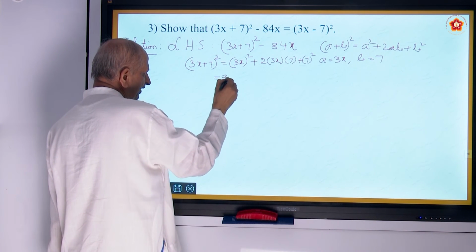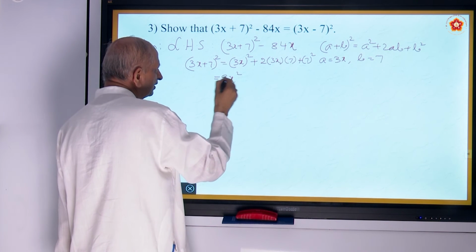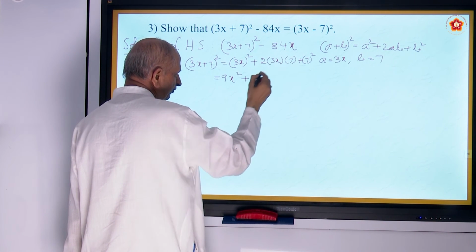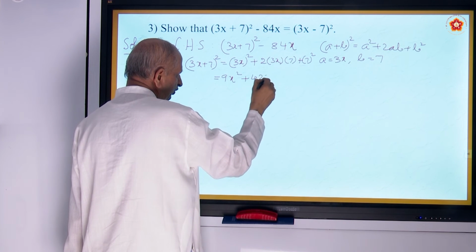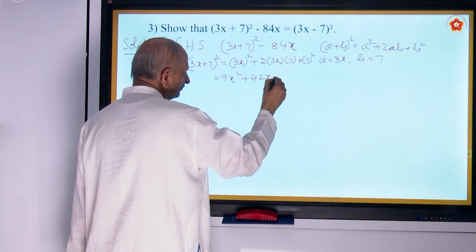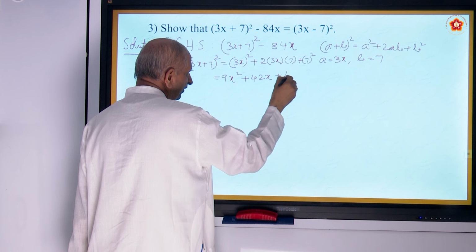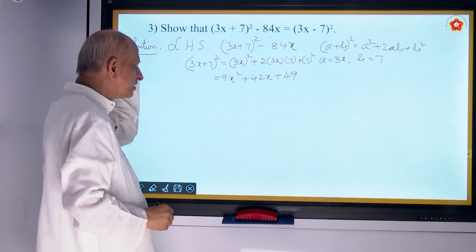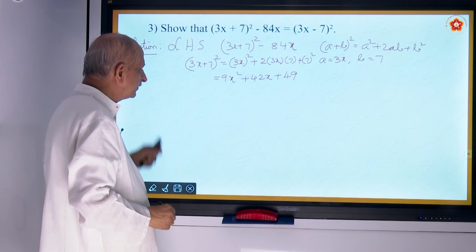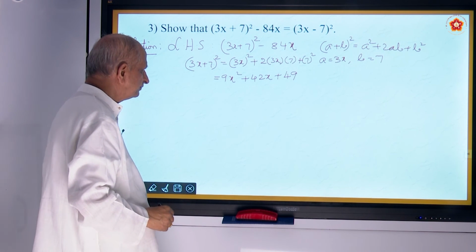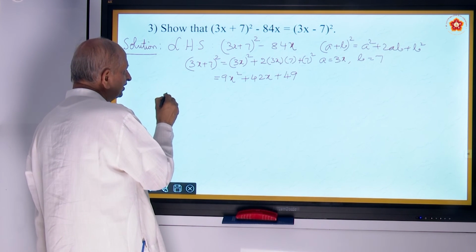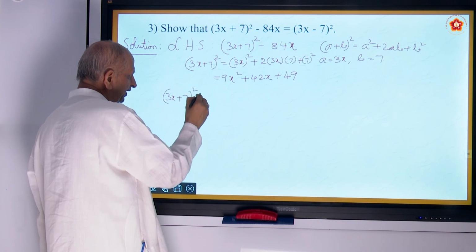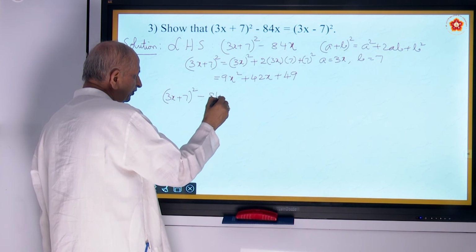will be equal to 9x square plus 2 3s are 6, 4 7s are 42x plus 49. Correct? Now in the given question, so by question you are given with the 3x plus 7 whole square we did now, minus 84x they are given.